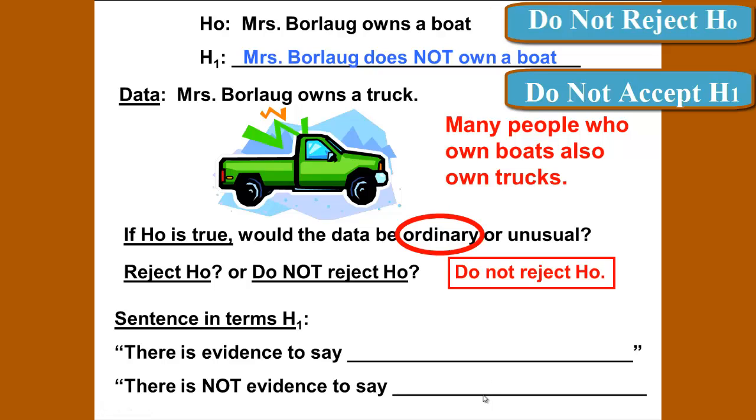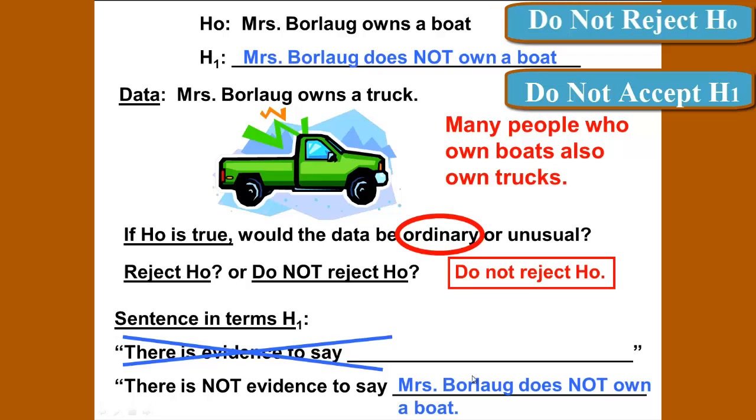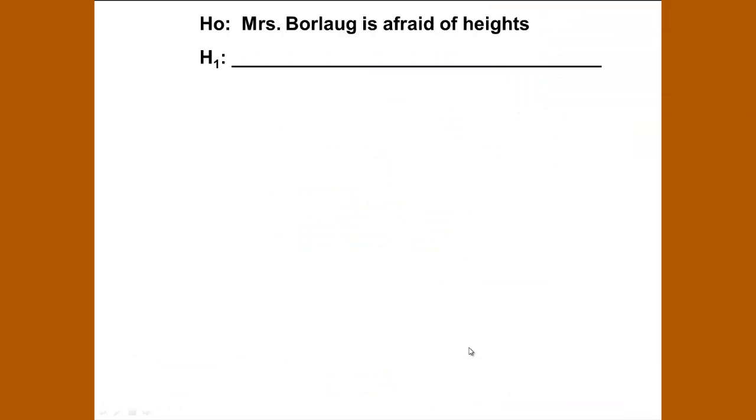The sentence needs to be written in terms of the alternate hypothesis, so we do not have enough evidence to say anything. Therefore, there is not enough evidence to say that Mrs. Borlaug does not own a boat. Remember that we always write our sentence in terms of the alternate hypothesis.